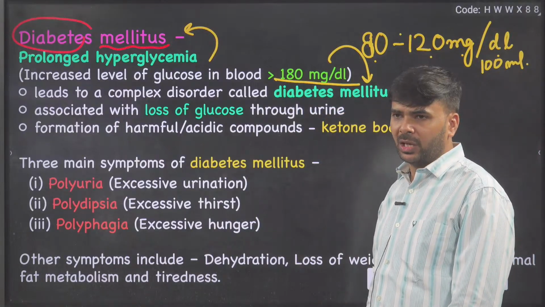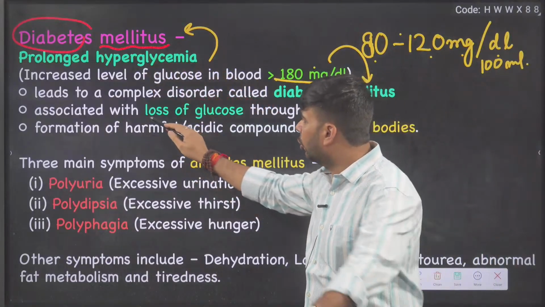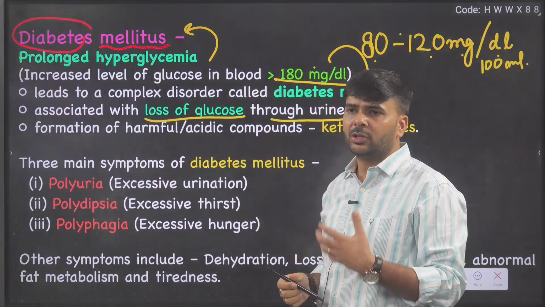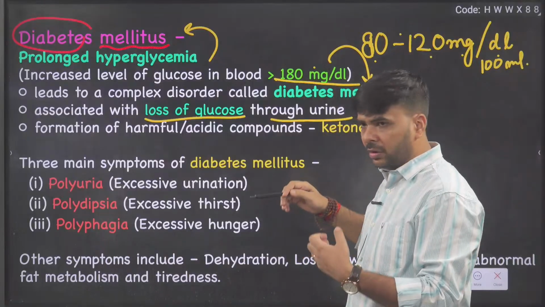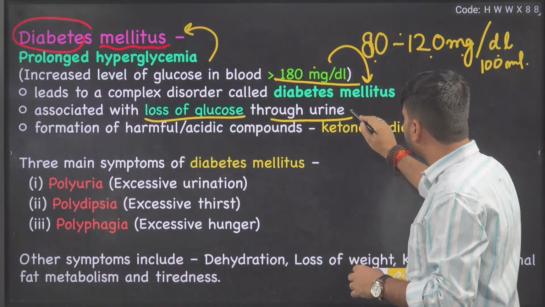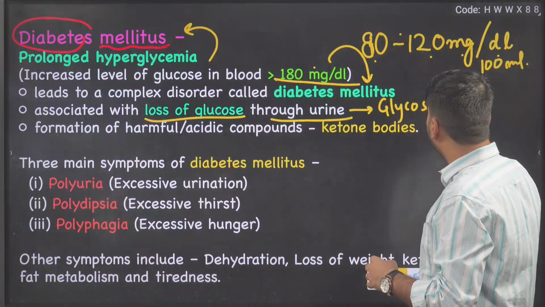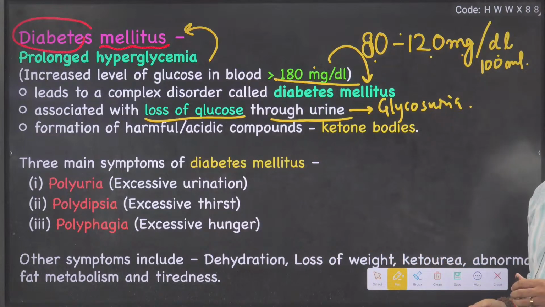When they suffer from diabetes mellitus, glucose is lost through their urine. This condition is called glycosuria, glucose in urine.